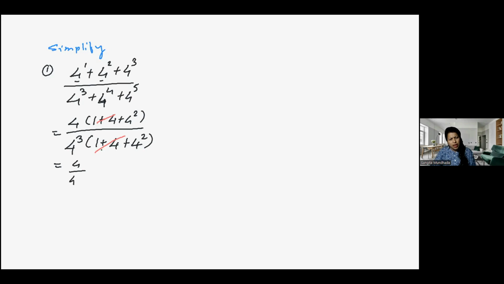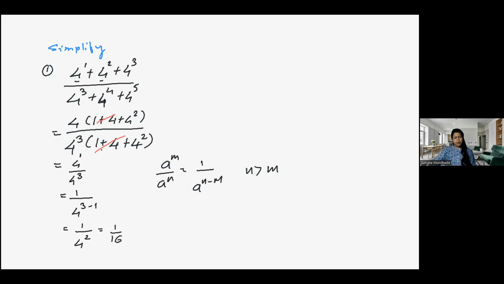Now here a raised to power m divided by a raised to power n, where n is greater than m, we write 1 upon a raised to power n minus m. So here you can write 1 upon 4 raised to power 3 minus 1, that is 1 upon 4 raised to power 2, which is equal to 1 upon 16. Simplify.